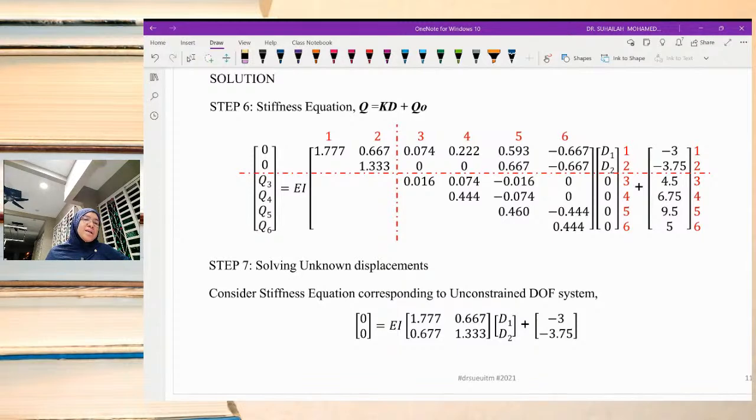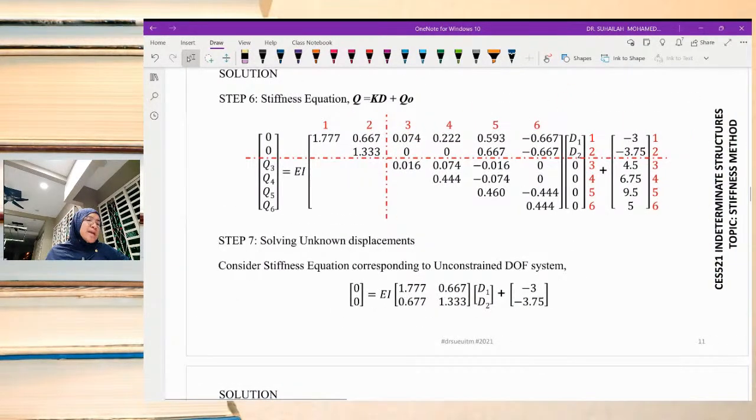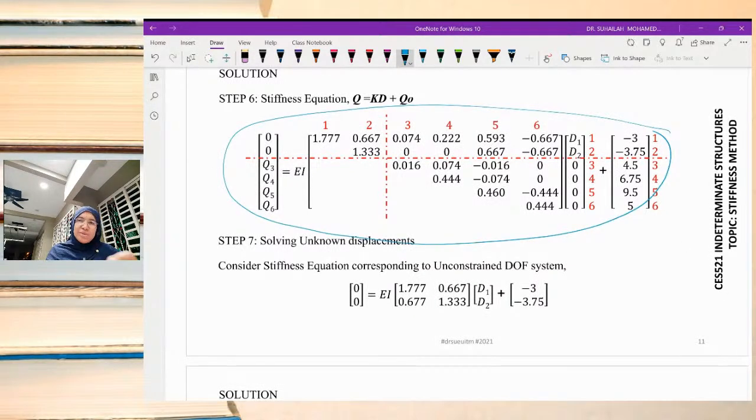If it is not asking, actually you can skip this equation, if the question doesn't ask. Because whenever we want to solve for the unknown displacement, it is just like we analyze unconstrained degree of freedom.